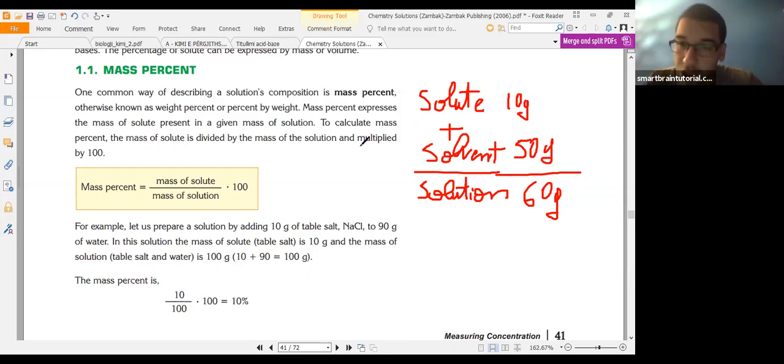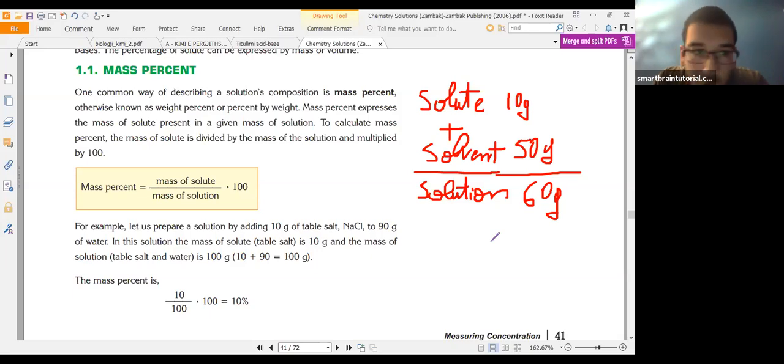Okay, so this is about solutions. Another important property of solutions is their concentration. Concentration expresses the amount of solute in the solvent, but depending on how we express the amount of solute, we will determine the type of concentration of solution.